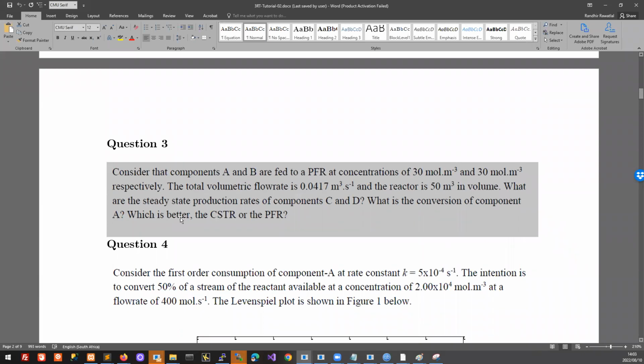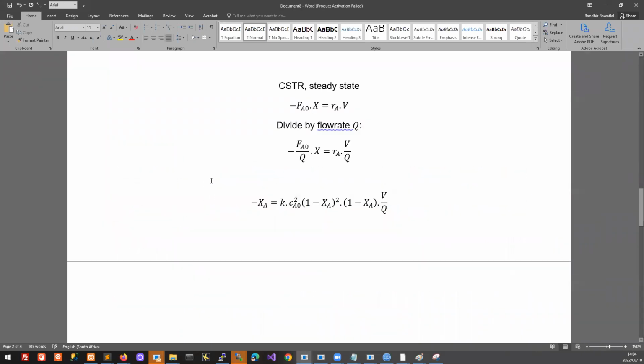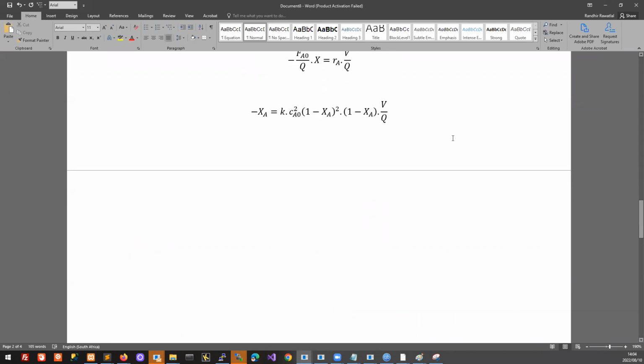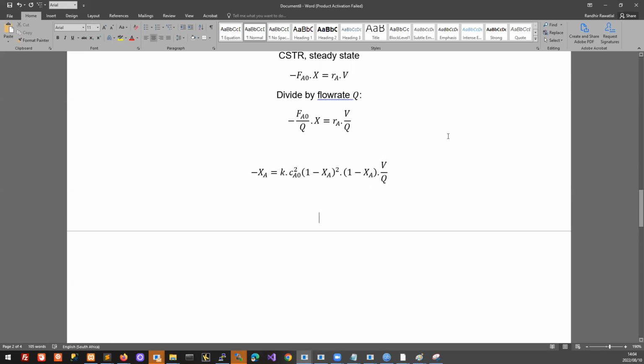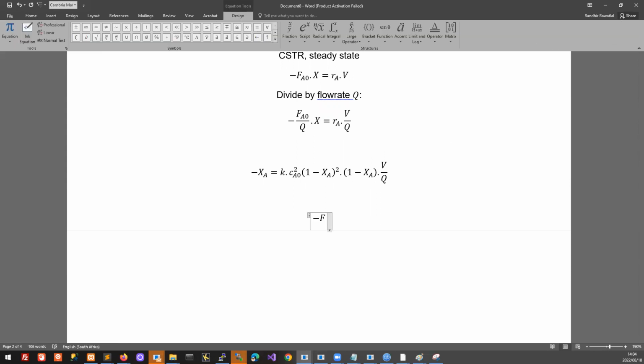Yeah, so maybe let's just derive the expression for that. So for a PFR, I'm just thinking, should we derive the whole thing? Well, we can say that for a PFR, the expression that we have is minus F A naught.